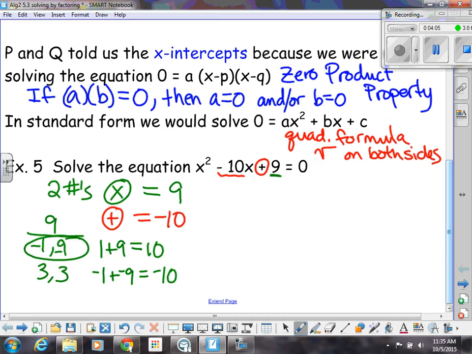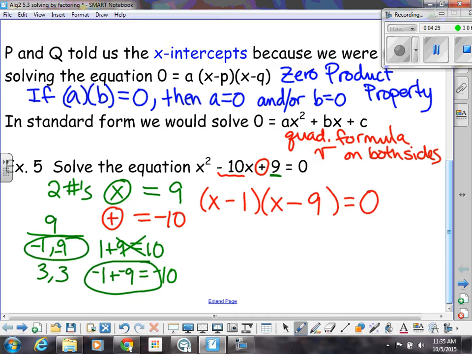So we know that our two factors are not going to be this one, they're going to be this one right here. So negative 1 and negative 9 are what's going to go in our parentheses. So in factored form, we know that these are going to be x and x, because x times x gives us x squared, and then I would have x minus 1, x minus 9, because the 1 and the 9 are both negative.